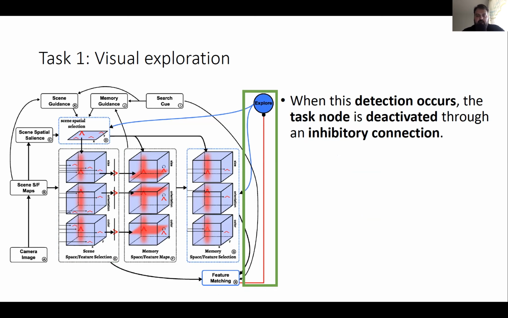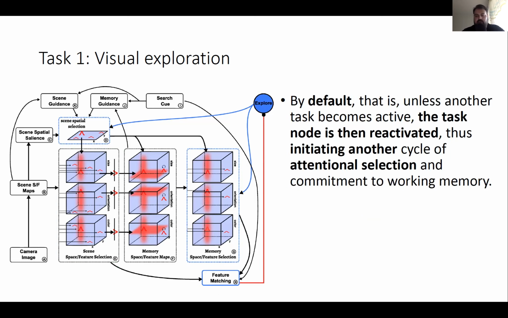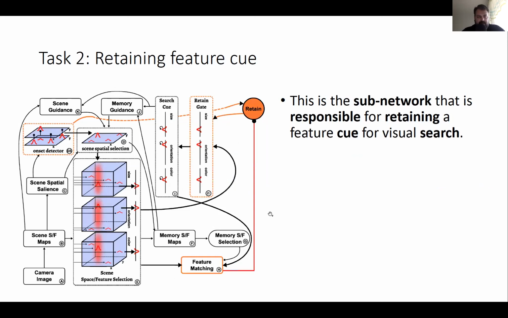And then this deactivates the task node, and one step is concluded in the sequence, and by default, if there's no other task, it will be reactivated and initiate a new cycle of attentional selection and commitment to working memory.